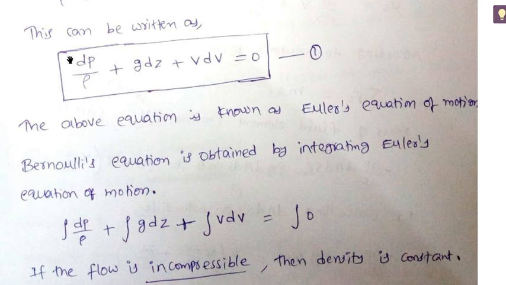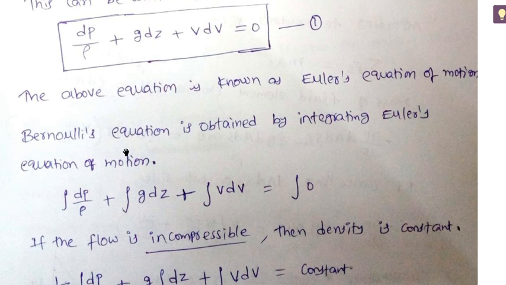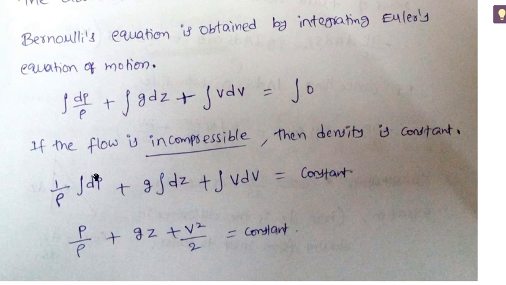Now, by integrating this equation we can get Bernoulli's equation. Integral dp by rho plus integral g dz plus integral v dv equals integral 0, which means it is constant. To simplify further, we take the assumption that the flow is incompressible, meaning density will not vary along the flow.